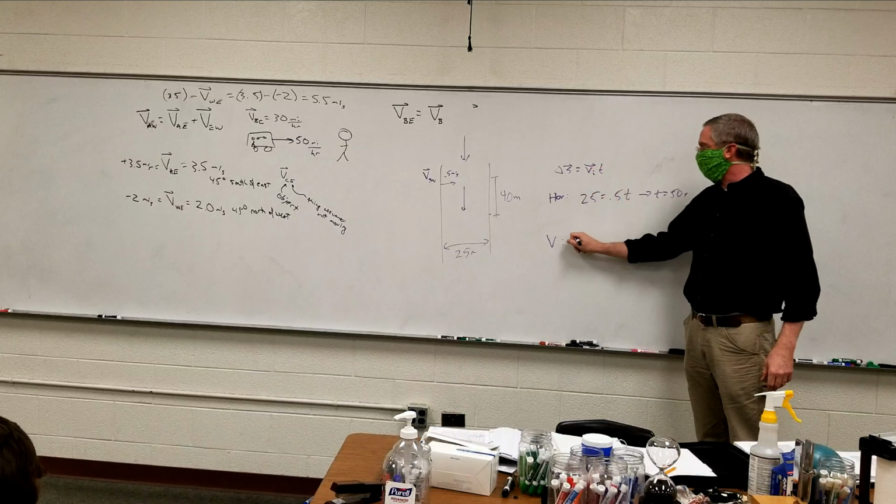Vertically, plug it into the exact same equation, 40 is equal to vi times 50. So 0.8 meters per second, that's how fast the water's going. No, sorry, that's a different thing. It's 0.8 for how fast the water is flowing.